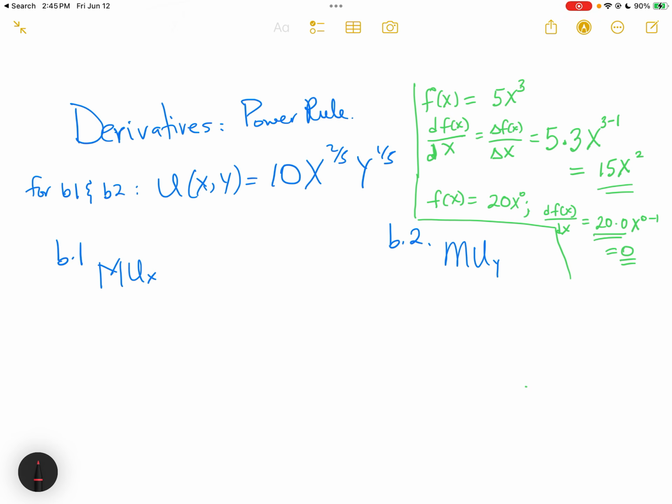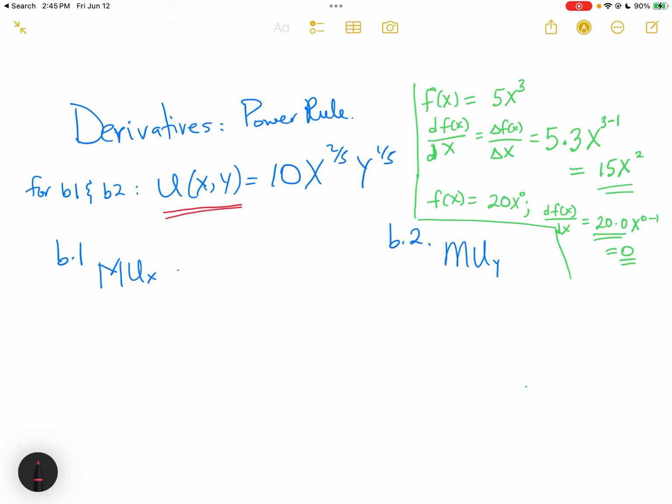If we had the utility function of two goods, so our consumer is consuming two goods, good x and good y, and this is the utility function 10x to the power 2 over 5, y to the power 1 over 5.